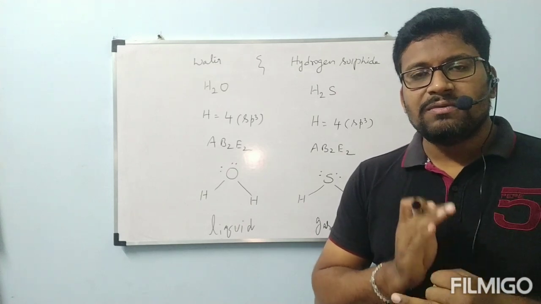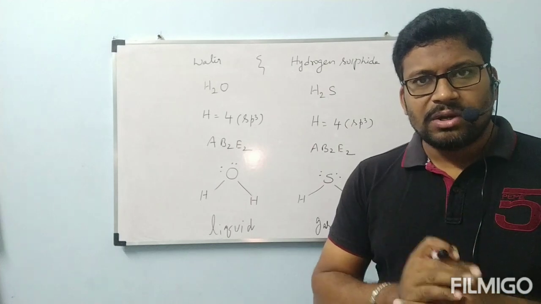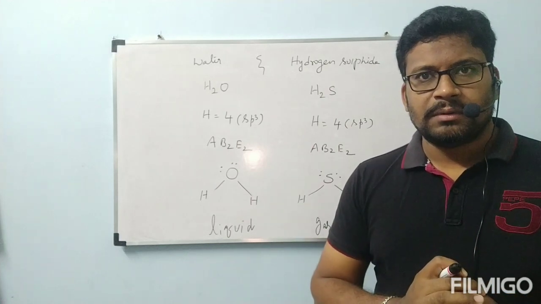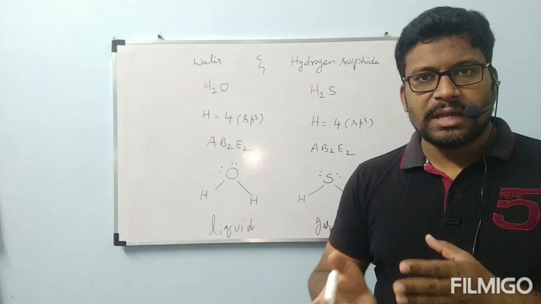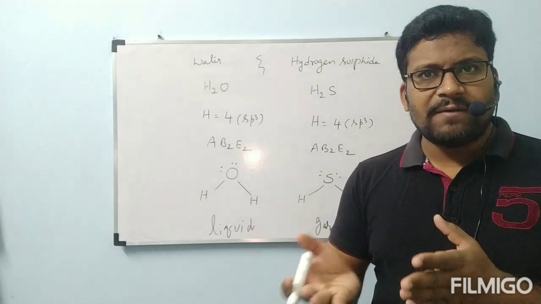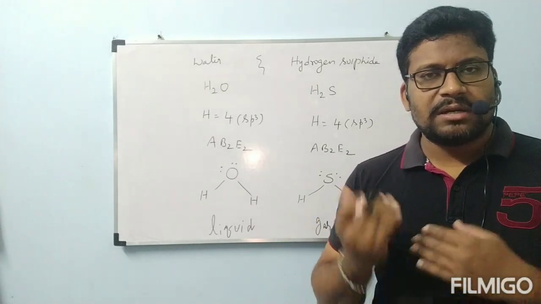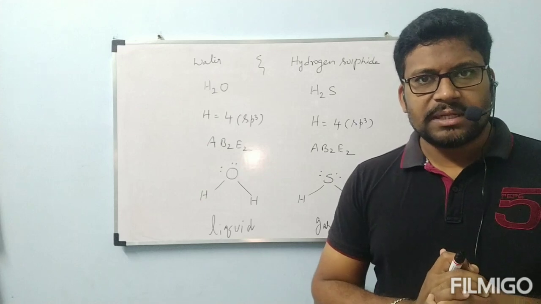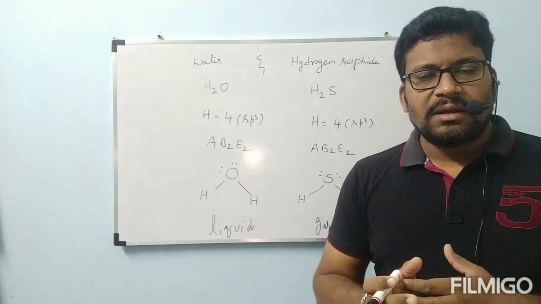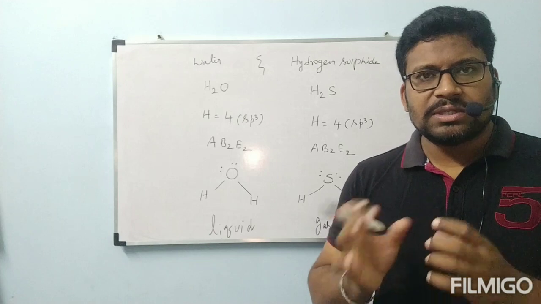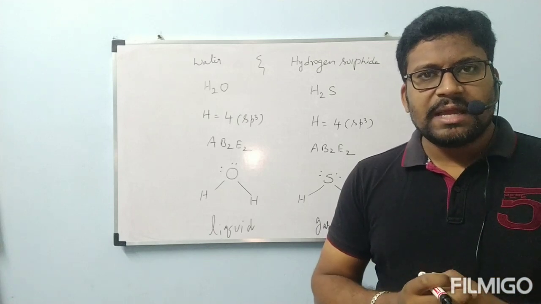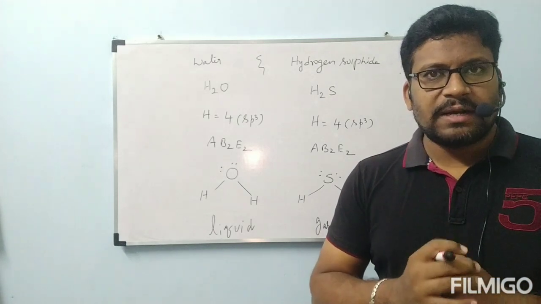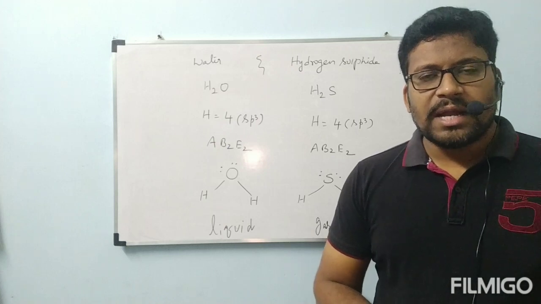Okay. Then how do we explain it to people? If any person asks why water is liquid at room temperature and H2S is gas at room temperature, what do scientists have to think to explain it? Then they came across this problem with one explanation, that is called hydrogen bond.